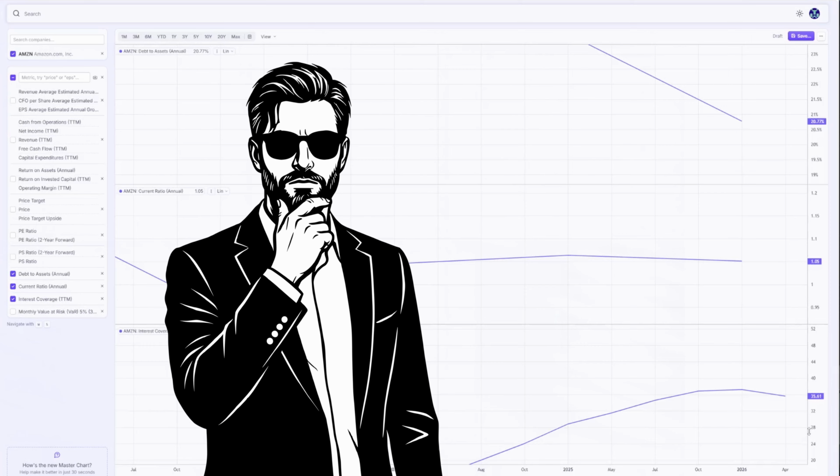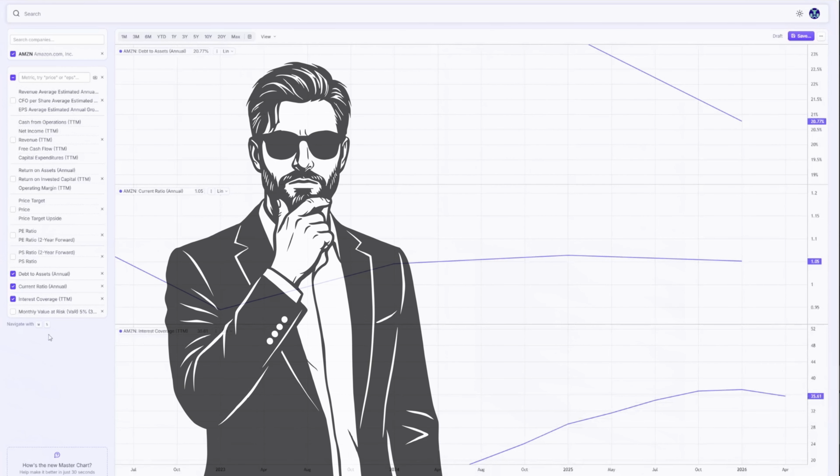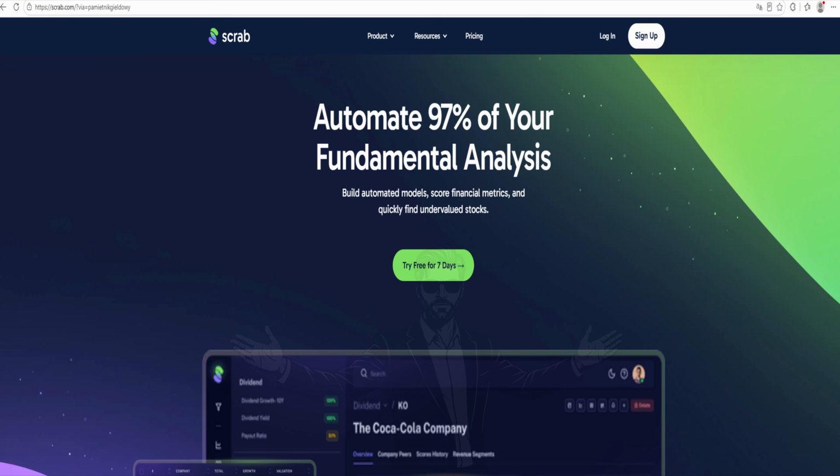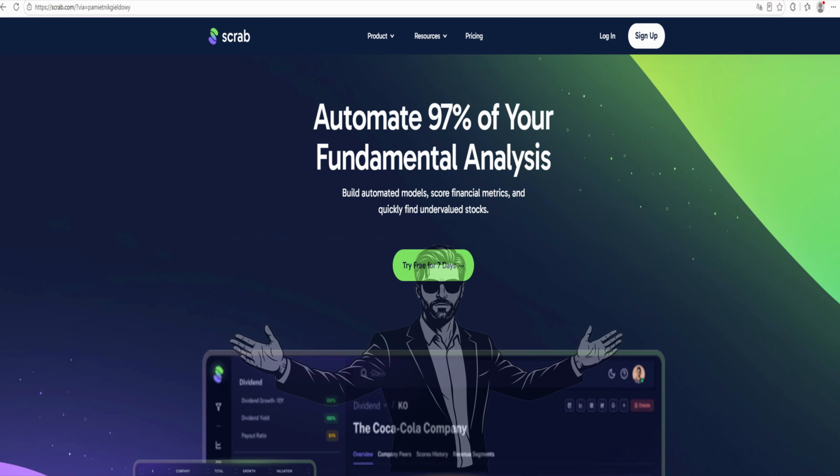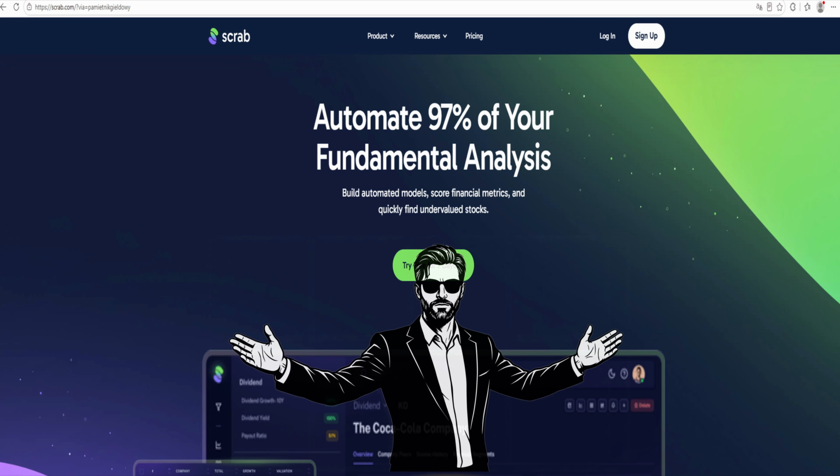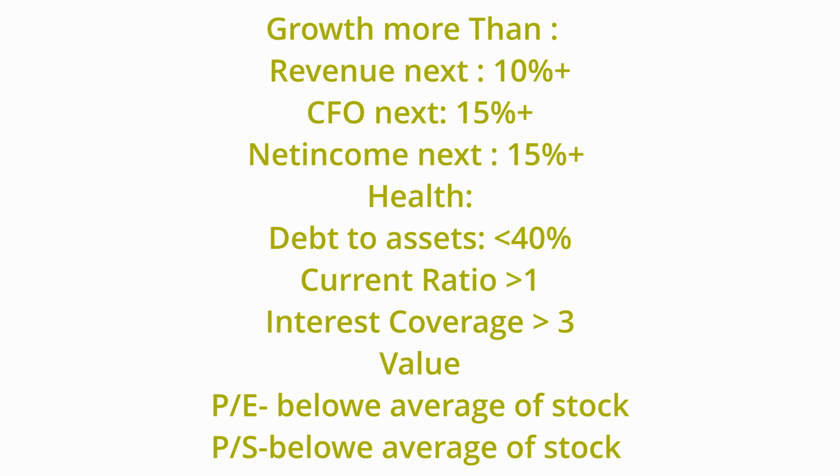I think these metrics that I use are reasonably good and they're going to be useful for you. And that site that I'm using, you can use it the same way. It's absolutely free. You don't need to have a premium version to do this analysis. And I recommend it because it's free basically, and you have access to a very good tool to do nice analysis. So here you have one more time the metrics that I like.